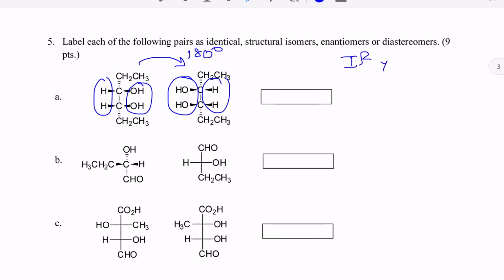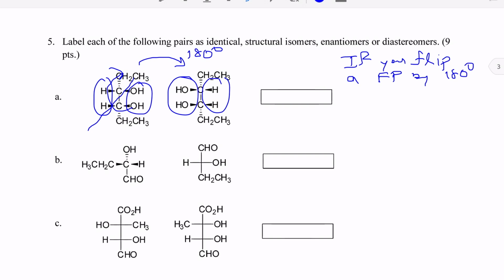If you flip a Fischer projection by 180 degrees, and just to note, not across the plane of the molecule, but around the central axis that goes through the center of the molecule, so this axis would be going out of the page.